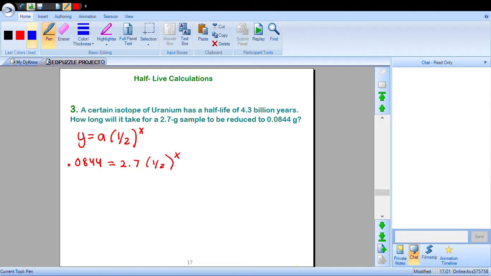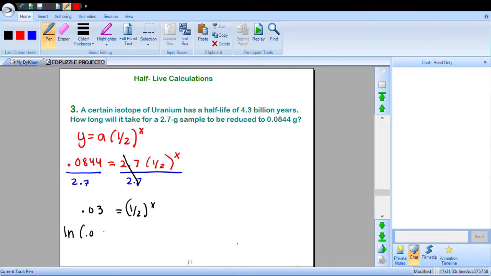We're going to do what we just did to get the x alone. We're going to divide by 2.7, and this is going to cancel out, and we're going to be left with 0.03 equals 1/2 to the x. We're trying to get the x alone, so we're going to take the natural log of this.